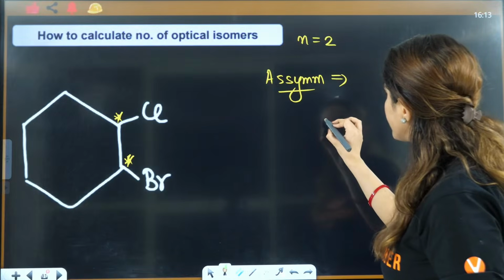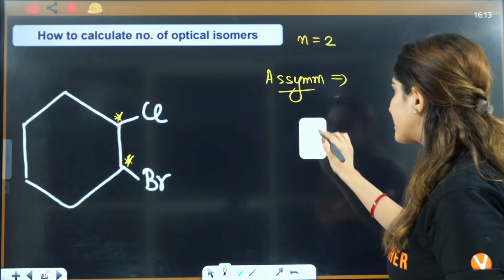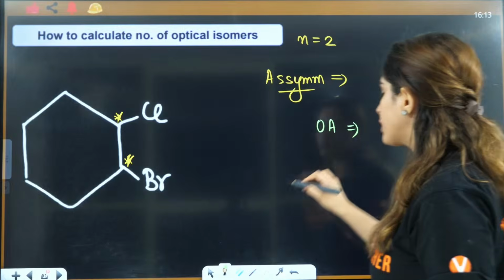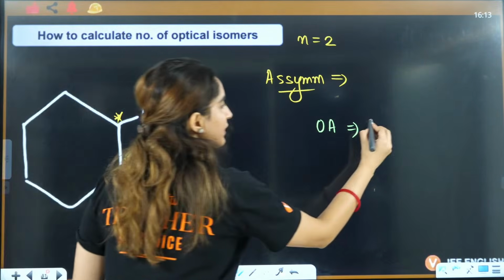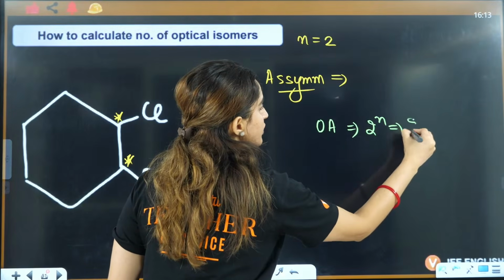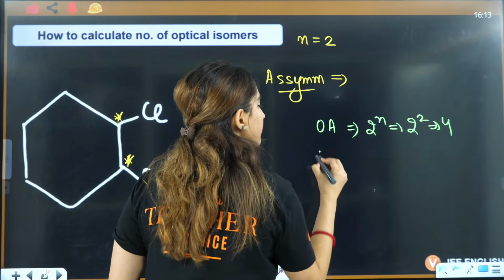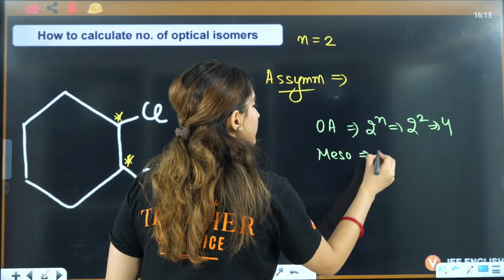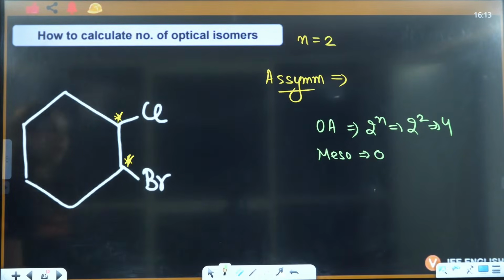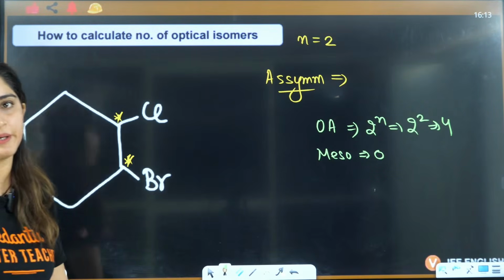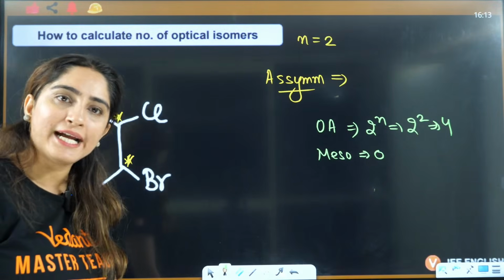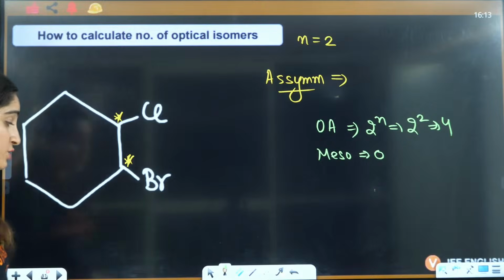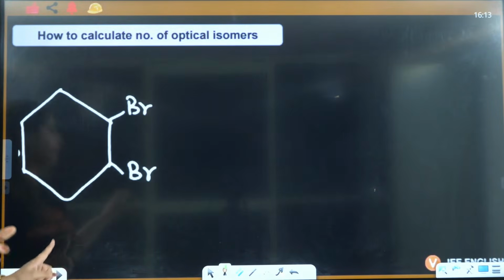That is the reason optically active is going to be 2 raised to power n, that is 2 raised to power 2, that is 4. And meso is going to be 0 here because there is no plane of symmetry. For meso you need to have a plane of symmetry.